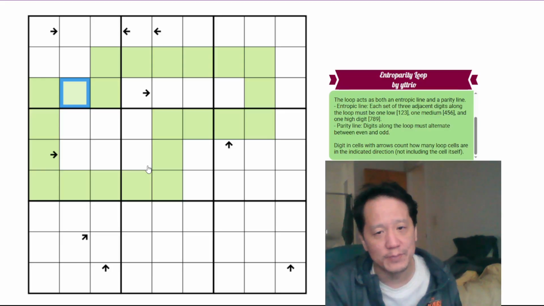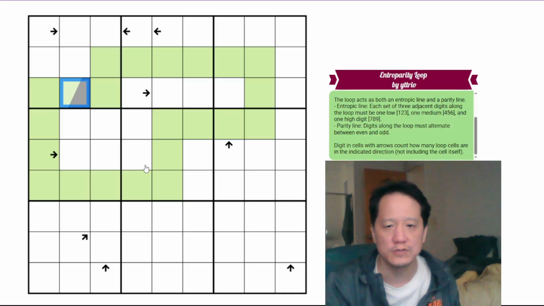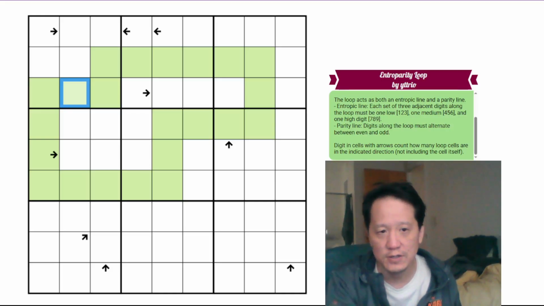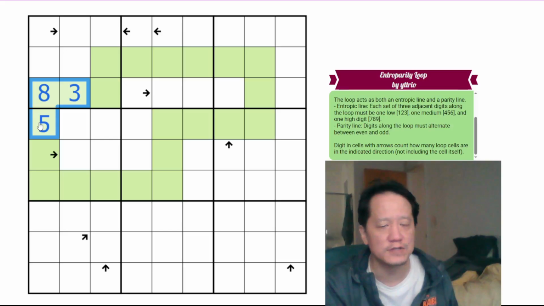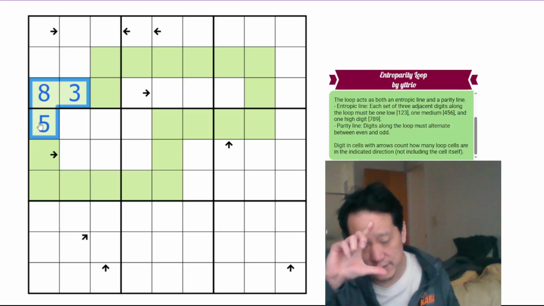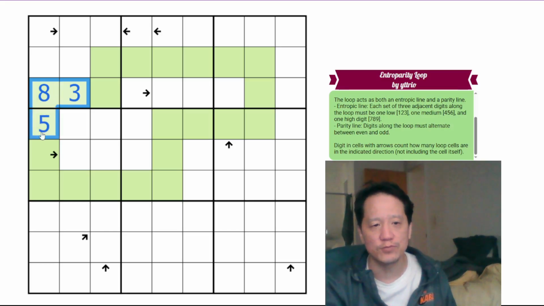As an example that fits both, you could have something like 3, 8, and 5. This would successfully satisfy both criteria. For the entropic line, every 3 cells must have 1 low digit, 1 medium digit, and 1 high digit.